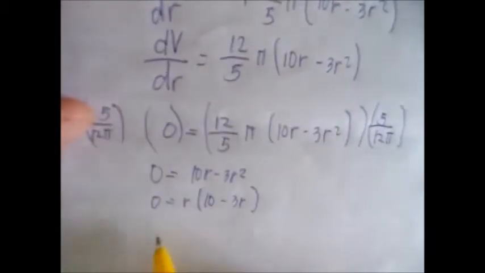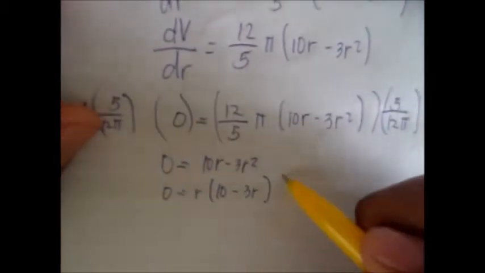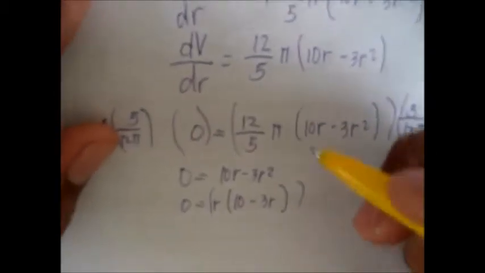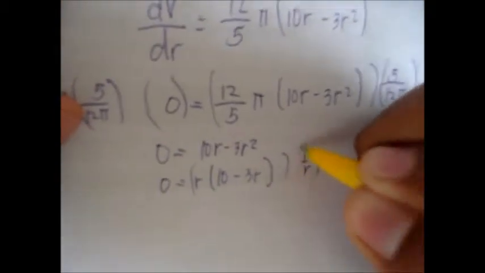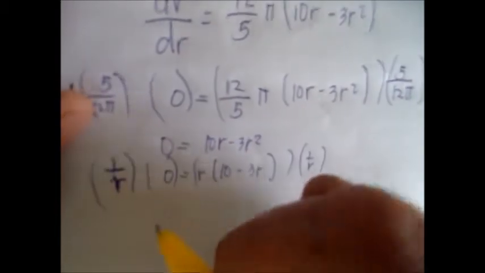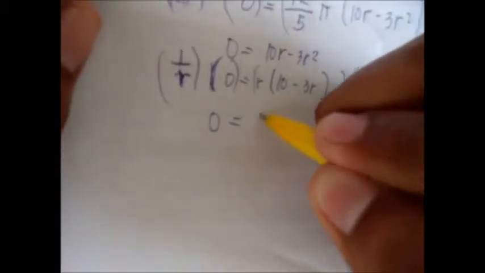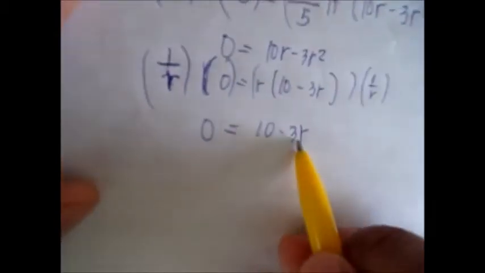With this we multiply by the multiplicative inverse, 1 over r. 1 over r times 0 is equal to 0, and the r is removed as 1. So we get 10 minus 3r.